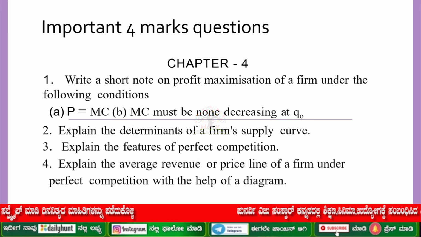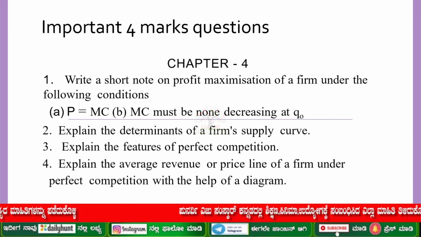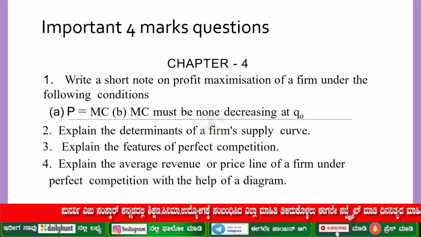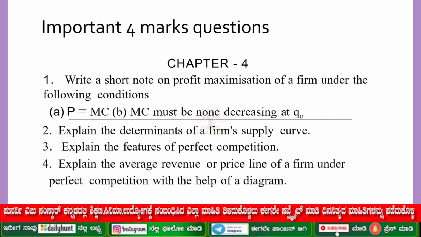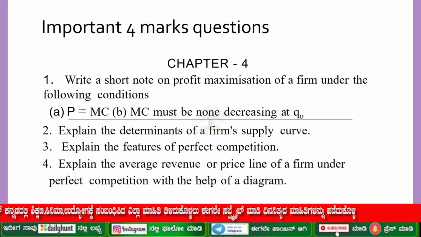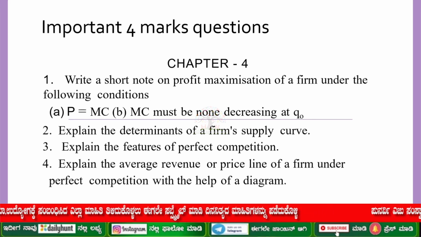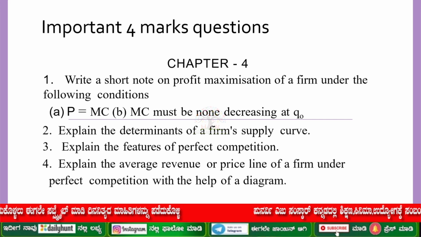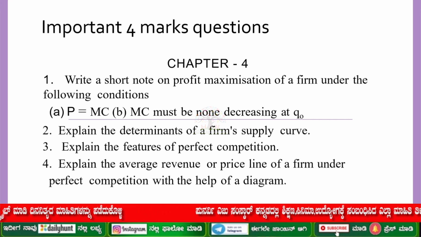Then determinants of firm supply, features of perfect competition, and the average revenue or the price line of a firm under perfect competition with the help of a diagram. So out of these 4, one 4 mark question you need to attend. So prepare these questions properly.